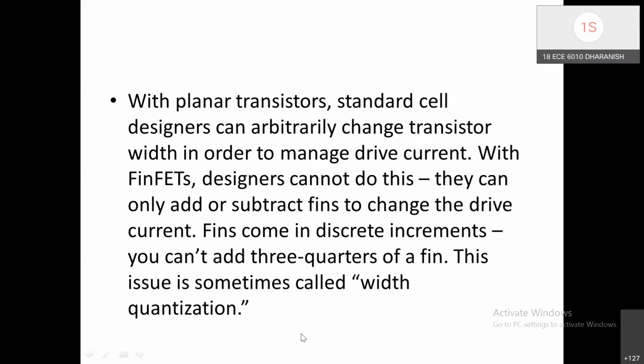Another challenge is the width quantization, which I told you about when we were discussing FinFET. In a MOSFET, the designers can arbitrarily change the transistor width in order to manage the drive current. But in FinFET, the designers cannot do this because the fin design is going to be fixed. You cannot change the fin width, or you cannot change the drive current.